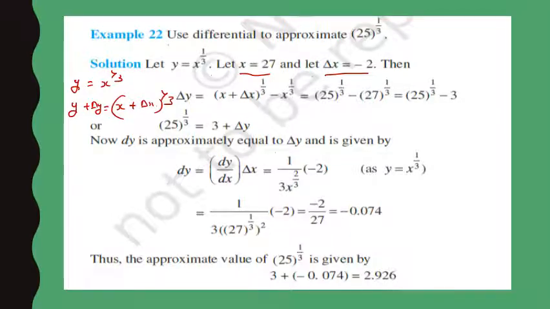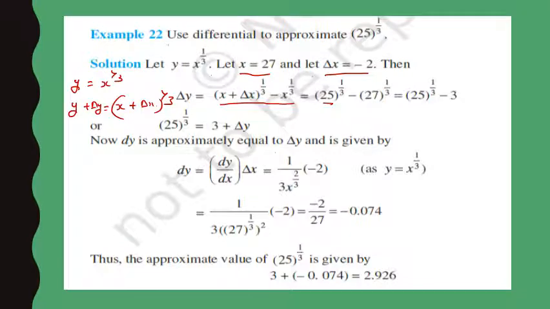Now y plus delta y minus y, that means delta y. Delta y is equal to x plus delta x raised to 1 by 3 minus x raised to 1 by 3. X is 27. Delta x is minus 2. That is 25 raised to 1 by 3 minus 27 raised to 1 by 3.